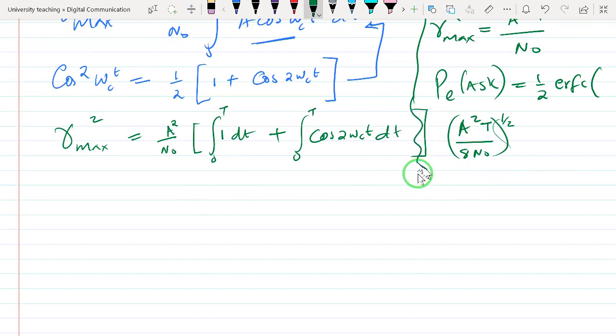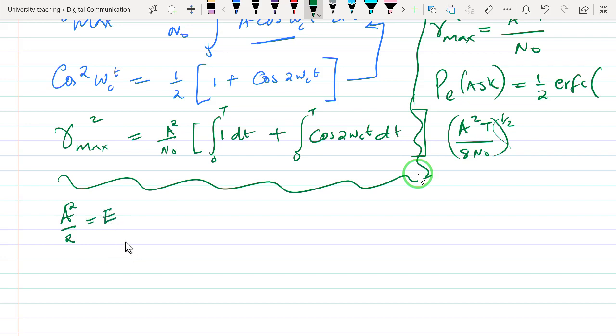So when we continue down here, we know from our knowledge of signals that the energy of the signal can be expressed as A squared over 2, where we can see that this is the signal or symbol energy, or energy per bit or per symbol, and therefore we replace A squared over 2 with E, and we consider the period to be equivalent to 1.